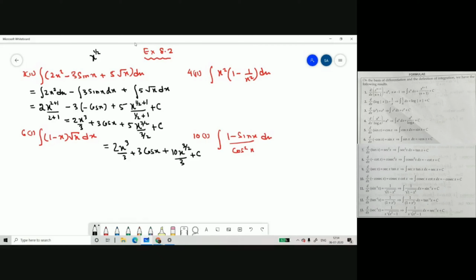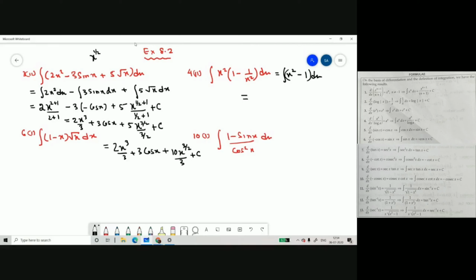Okay, now let us look at 4 part 2. Integration of x square times (1 minus 1 by x square) dx. Pretty easy, just open the bracket. So this becomes integration of x square into 1 is x square, minus x square into 1 by x square is 1. Am I clear?